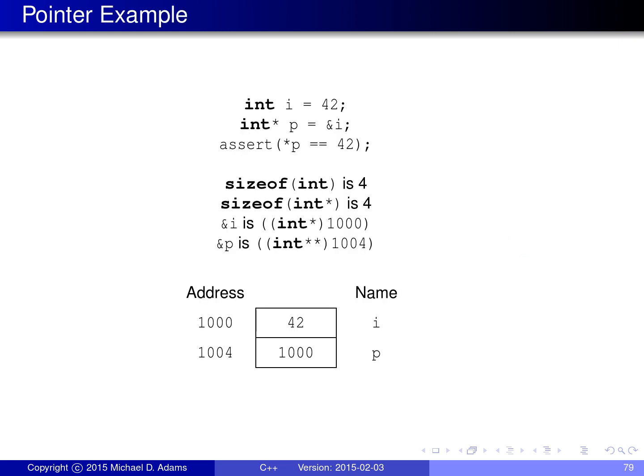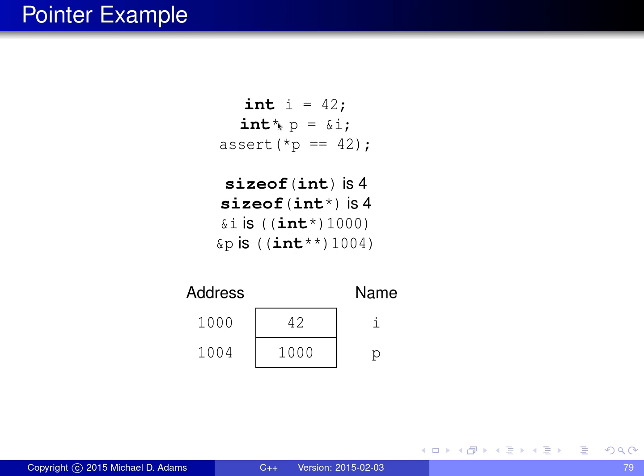On this slide I have an example to better illustrate the concept of a pointer. At the top of the slide we have a little code snippet, three lines of C++ code. Initially we create a variable i of type int, and we initialize it to 42. Then we create a variable called p, which is a pointer to int. It's a pointer because of the star here.